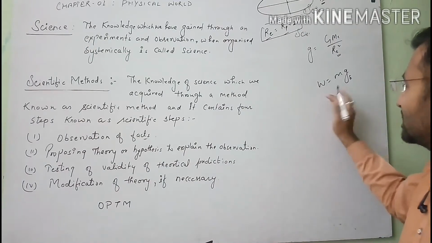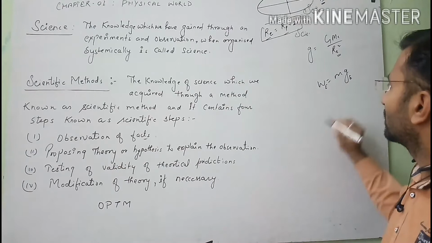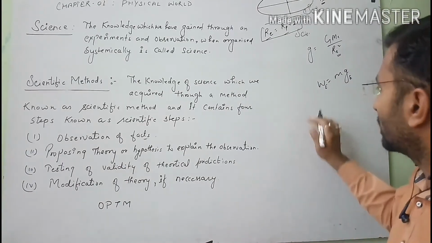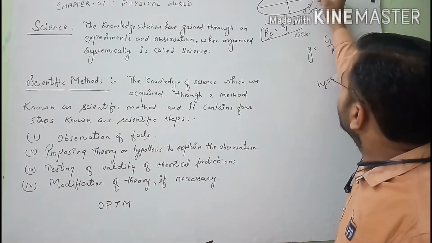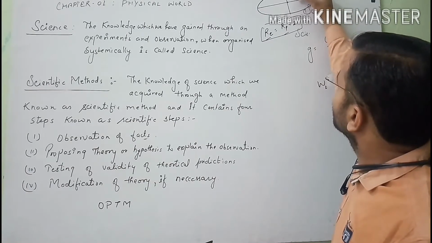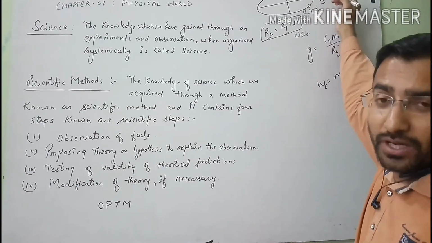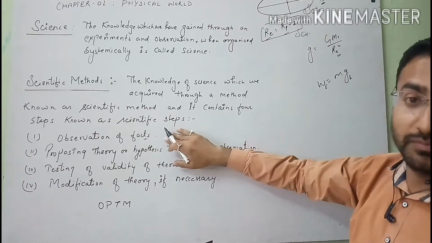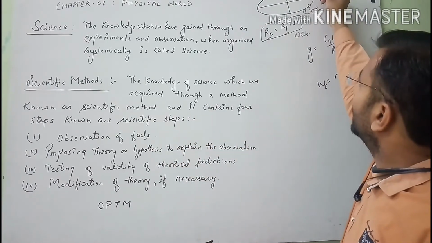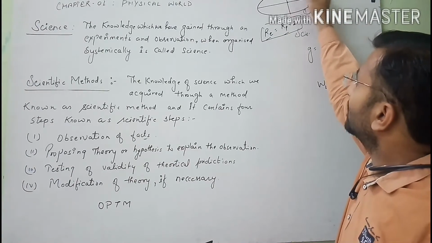Here we will measure the weight of that object at the equator, which is mg or W. In different locations, the weight of the object measured with the help of the weighing machine is different. Clear, students? So these are our facts.